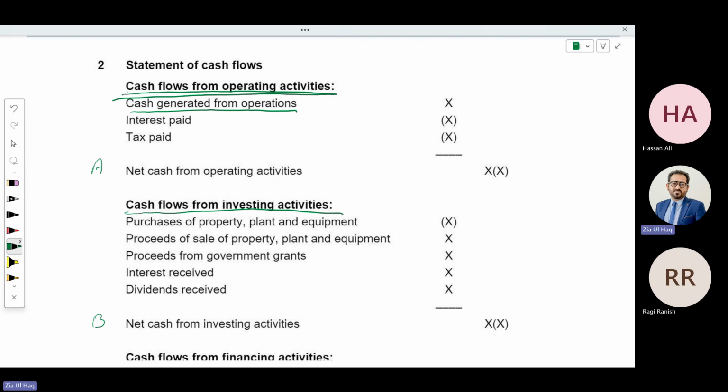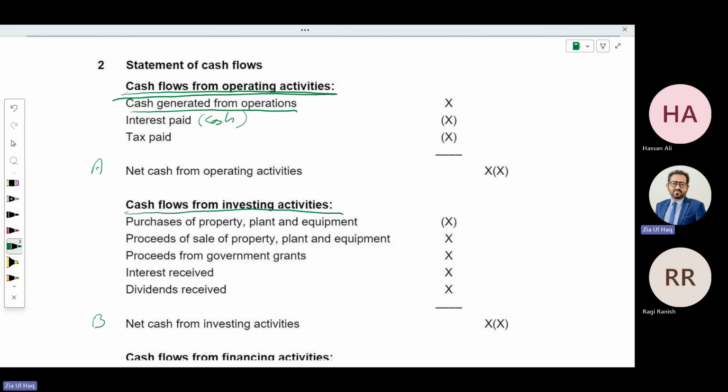There are certain items that should be added, subtracted. In cash generated from operation, we need to adjust interest paid. Interest paid means how much in cash form we paid the interest, because in cash flow, we record all the items where cash is paid or received.